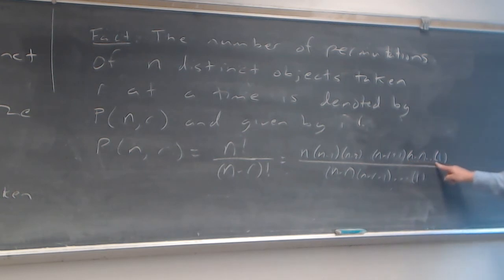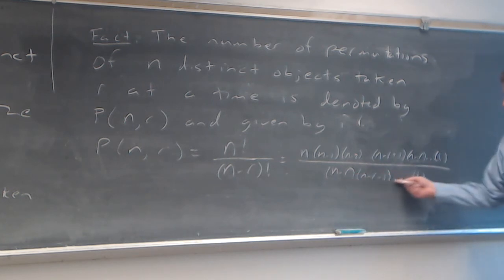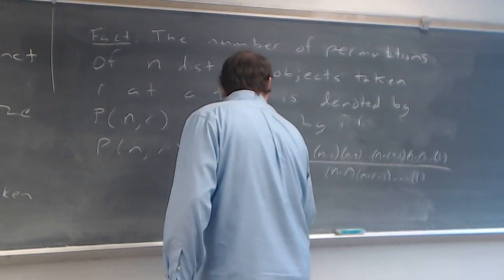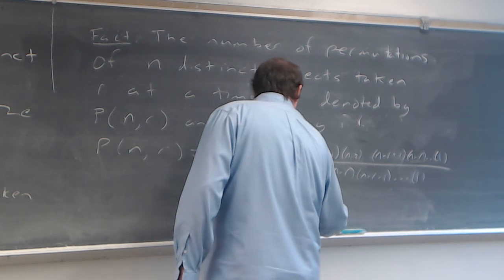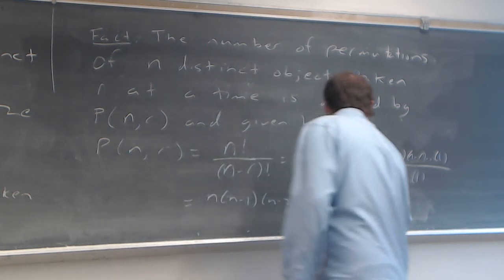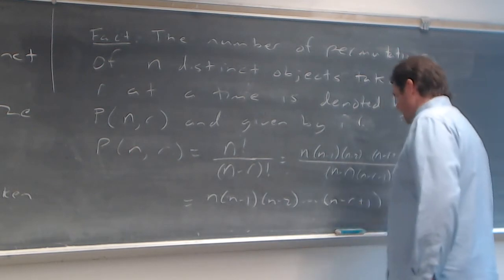What you see is this last part, n minus r down to 1 multiplication in the top, will cancel out with the n minus r multiplication with everything below it down to 1 at the bottom. And so what this is equal to is n times n minus 1 times n minus 2 multiplied all the way down to n minus r plus 1. Stop there.